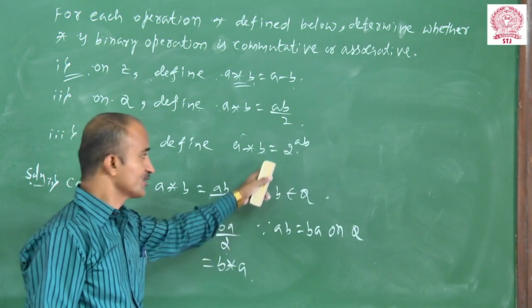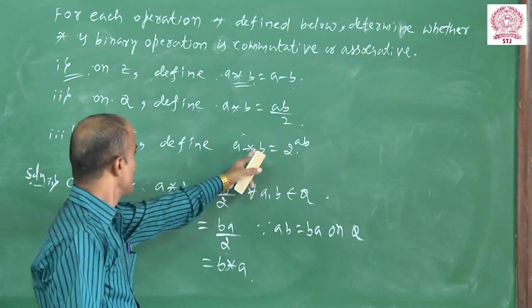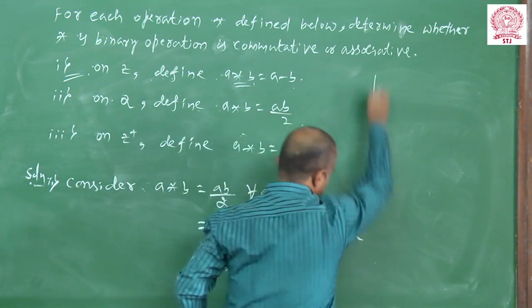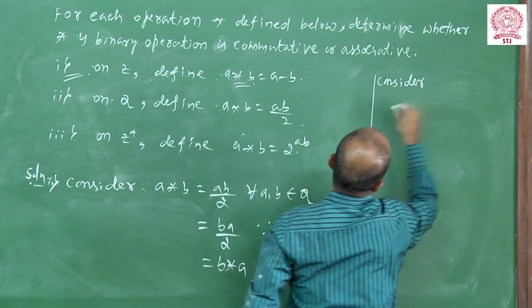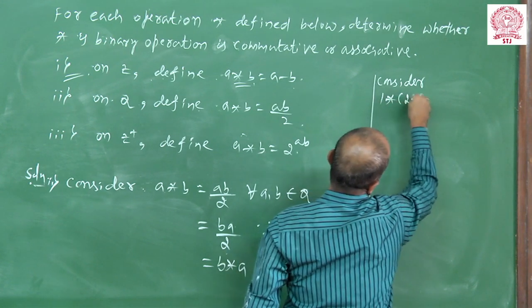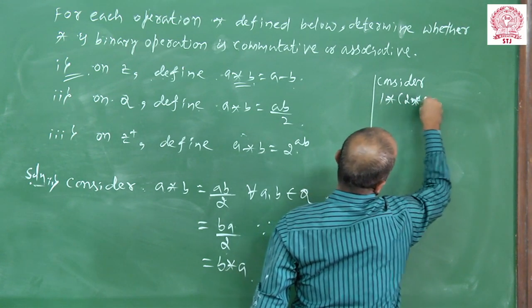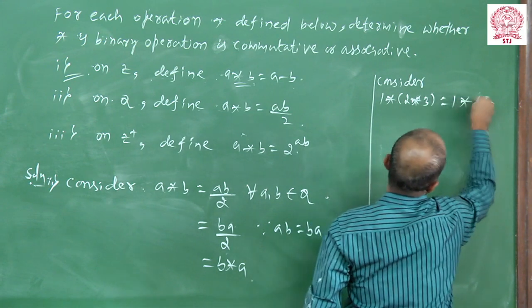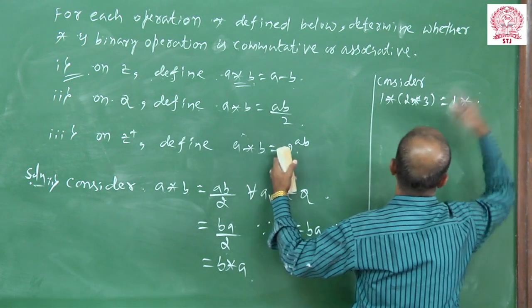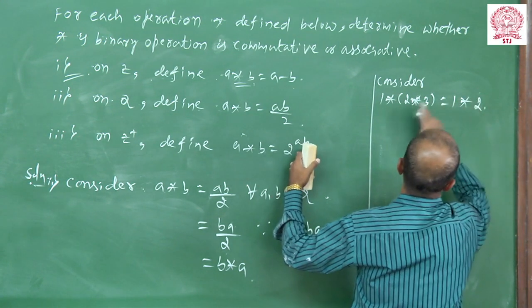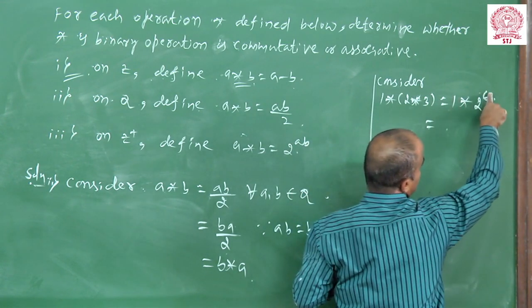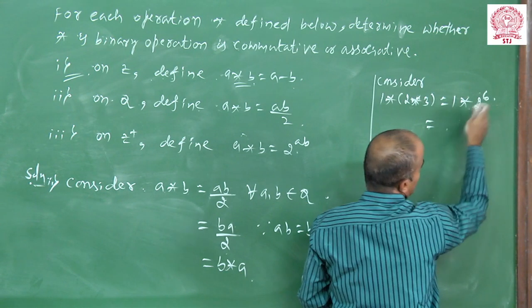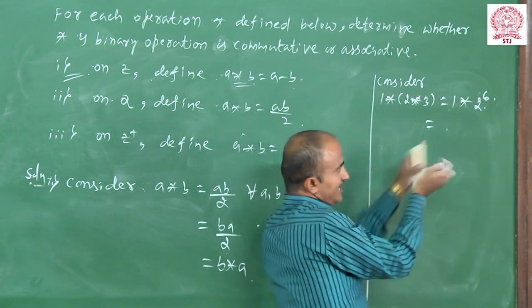Now you should check the associativity of the third one. Here consider 1 star of 2 star 3. That is 1 star of 2 power AB, 2 power 6, which is an element.